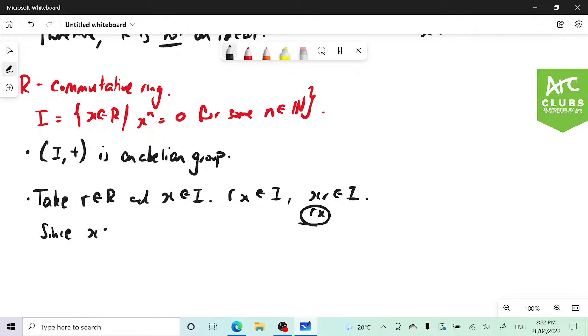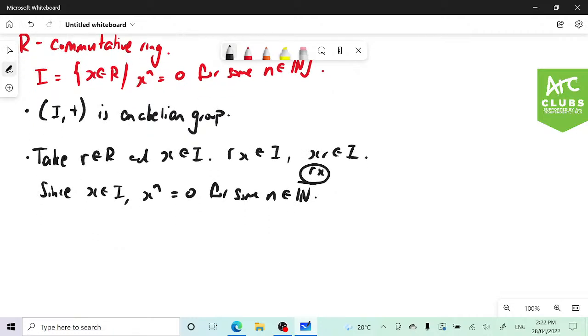Since x is in I, then x to the power of n equals 0 for some n in the natural numbers, by definition. So we can consider rx to the power of n, and that's just rx times rx, n times.